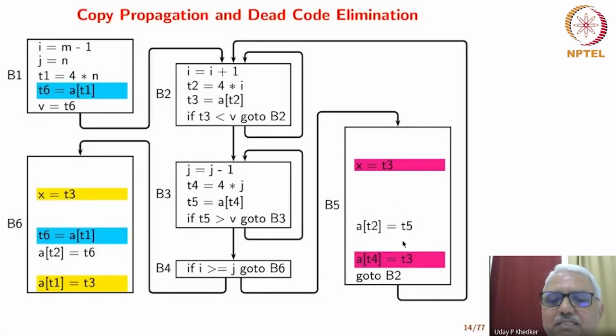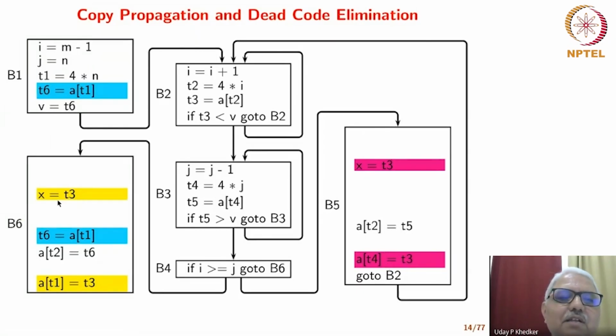So we replace this X by T3 here. And the advantage of doing that is, on its own, it doesn't optimize the program in any way. It doesn't get rid of any computation, but it enables another optimization called dead code elimination. What does it mean? What it means is, after we have replaced X by T3, we find that there is no use of the value of X in the program.